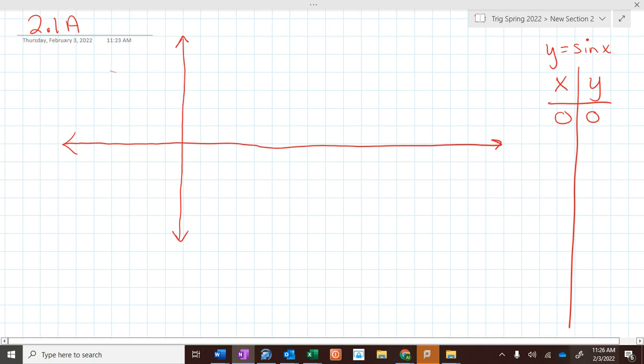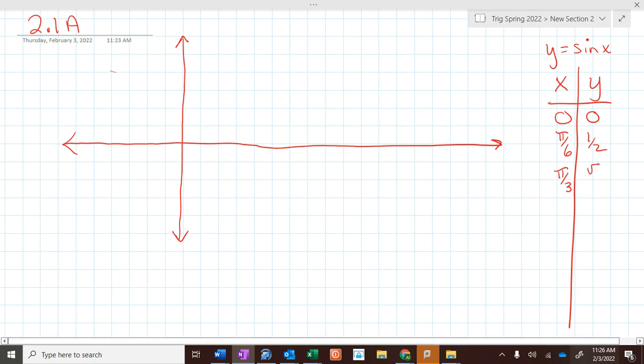So sine is 0 at 0. At pi over 6, what's the y value? 1/2. At pi over 3?